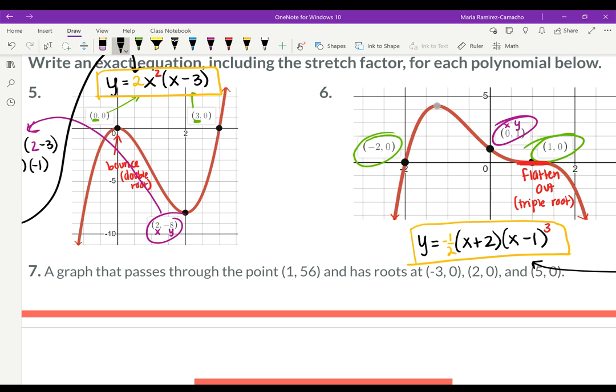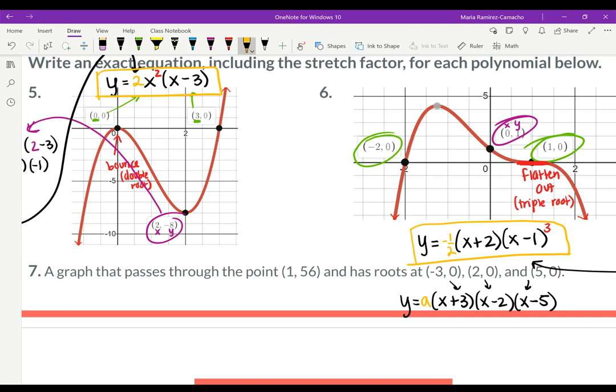Our factors are just going to be x plus 3, x minus 2, and x minus 5. But again, we do have to figure out what that a value is, what that stretch factor is.